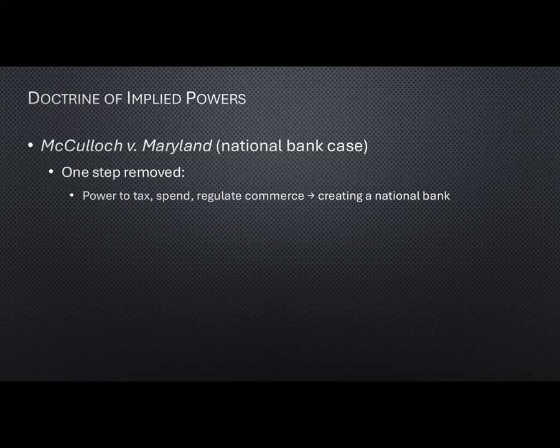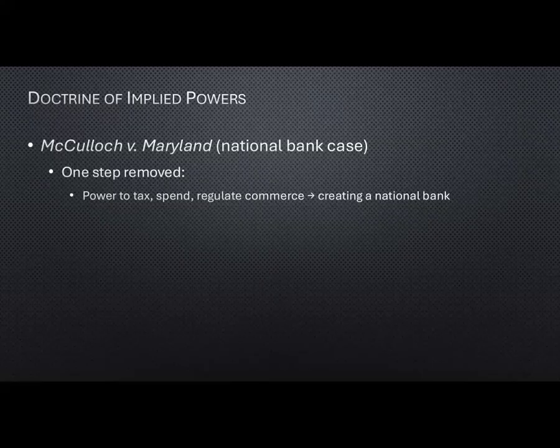Another way to put it is this: the creation and operation of a bank is necessary for Congress to carry into execution its power to tax, its power to spend, its power to regulate, etc. So you can fill in the sentence of the language from the Constitution about that modifying phrase, carrying into execution.